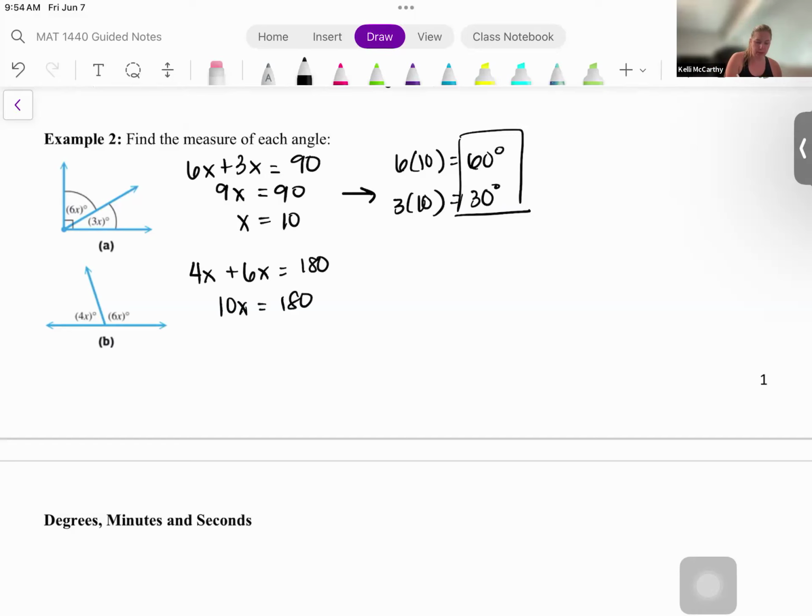And if we divide both sides by 10, x is equal to 18. From here, we can find that one angle, 4 times 18, is 72 degrees, and 6 times 18 is 108 degrees.